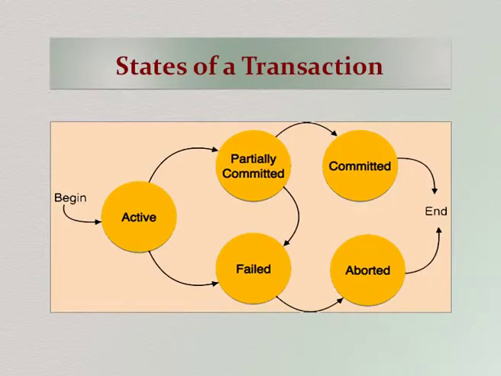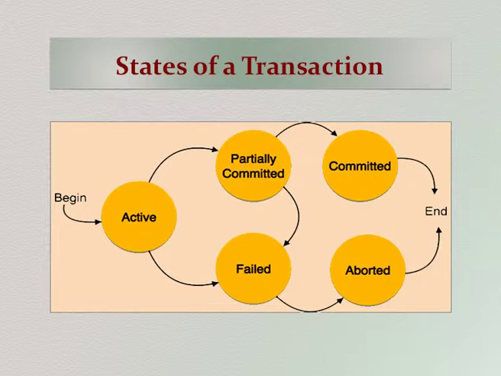Let us see an illustration of all these states. This is the begin, and this is the initial state we were talking about, the active state. Suppose most of the tasks are done and it is in the final operation, then it can be called the partially committed state. Suppose something went wrong and the checks failed, so it may fall into the failed state.